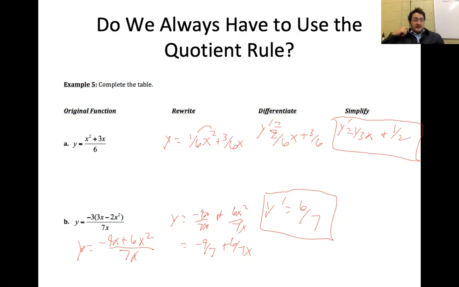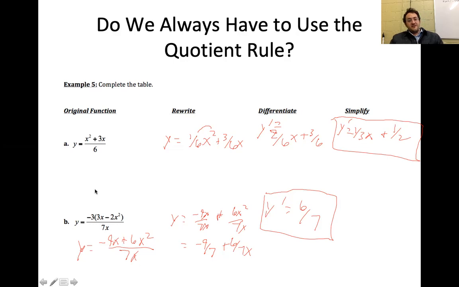So on your delta today, you'll just have some quotient rule. Just pay attention to the directions on your delta. And also, just because something is written as a quotient doesn't always mean that it's the quotient rule. If you can simplify it and write it into that power rule form, go ahead and do it because it can actually make your life a lot easier.